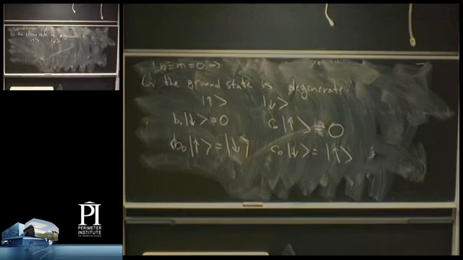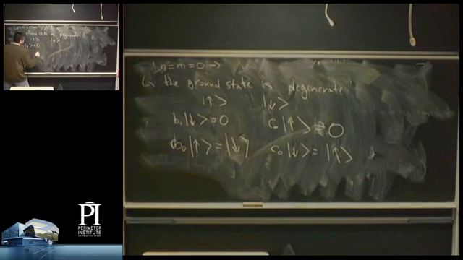Okay, and so those guys are defined as follows. So B naught annihilates the down state, and C naught annihilates the up state.